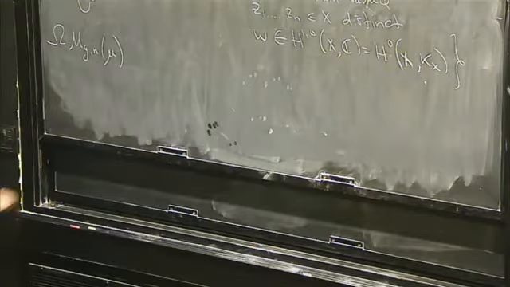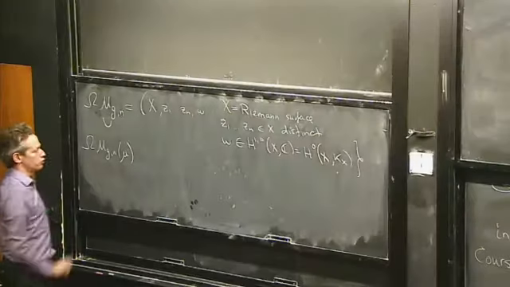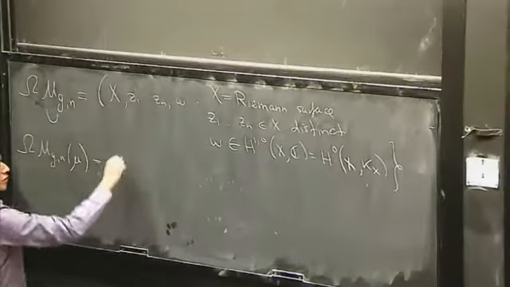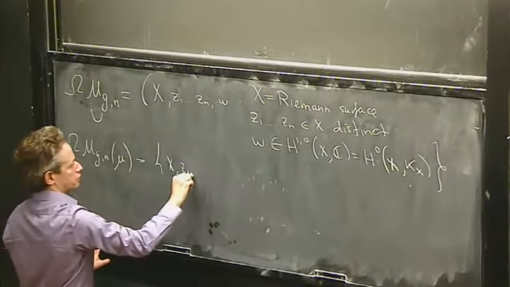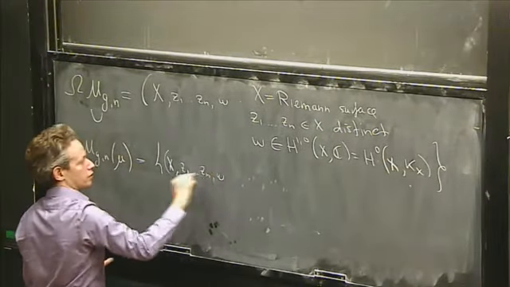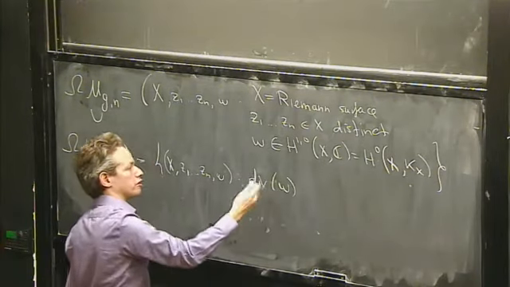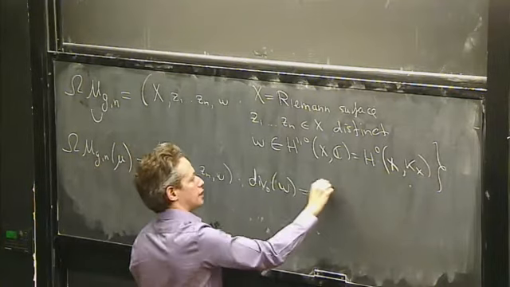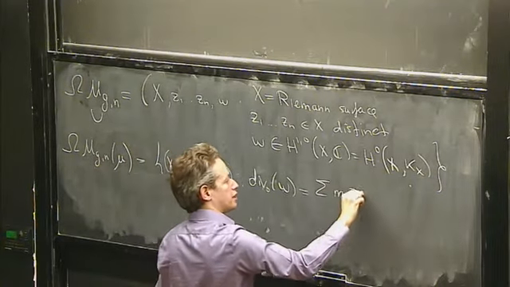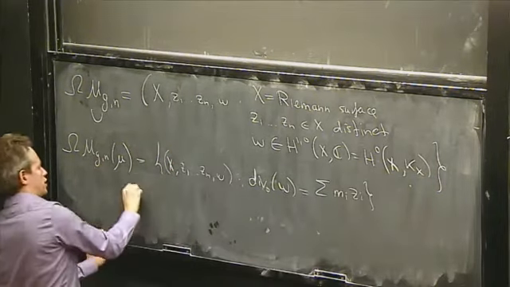And please don't interpret the word stratum too strongly. So mu. This is the set of all this data such that the divisor of zeros of omega is equal to the sum of m_i z_i, where mu is equal to a tuple (m_1, ..., m_n), and the sum of m_i is, of course, 2g minus 2, because a holomorphic differential has precisely 2g minus 2 zeros.